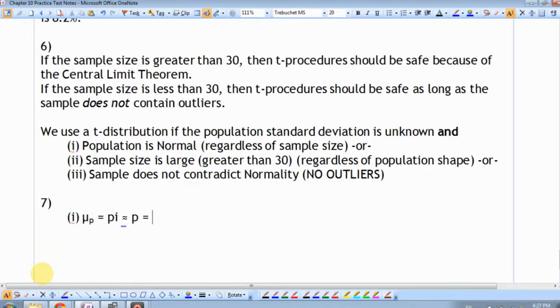What's my p in this case? 2 out of 50? Wait, why 2 out of 50? It's 10%, right?